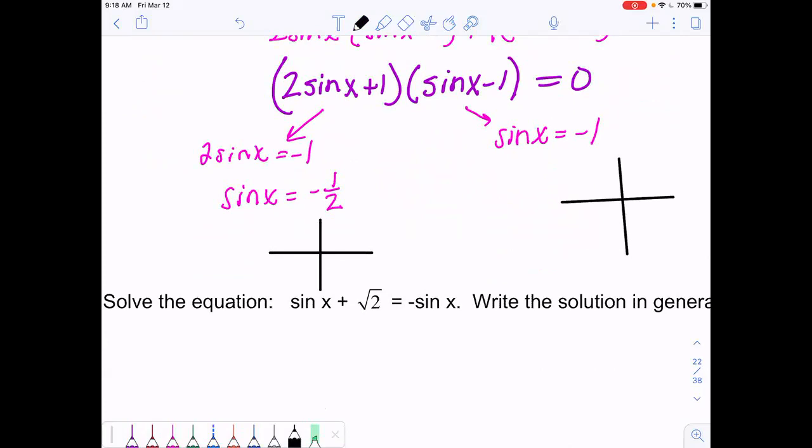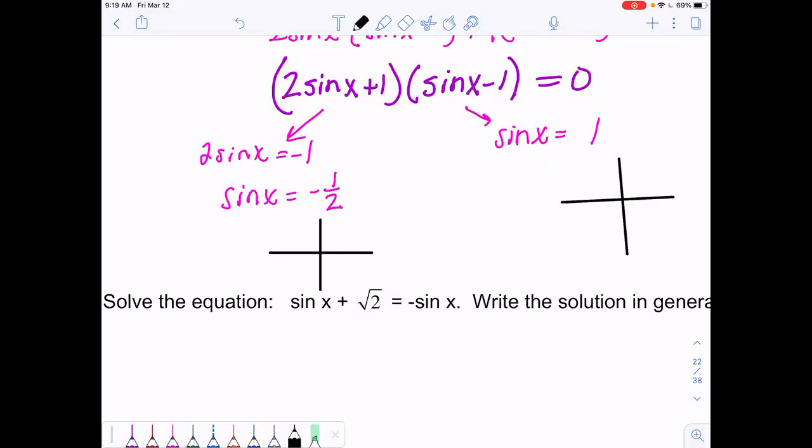So see if you can find an angle. Oh yeah, thanks, Cole. Good catch. Thank you, appreciate it. Positive one, because when I added to the other side, it should be positive, thanks. So try and think of an angle or multiple angles when the sine is equal to -1/2.